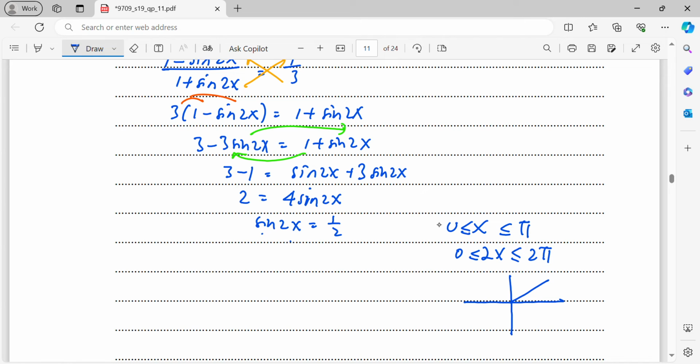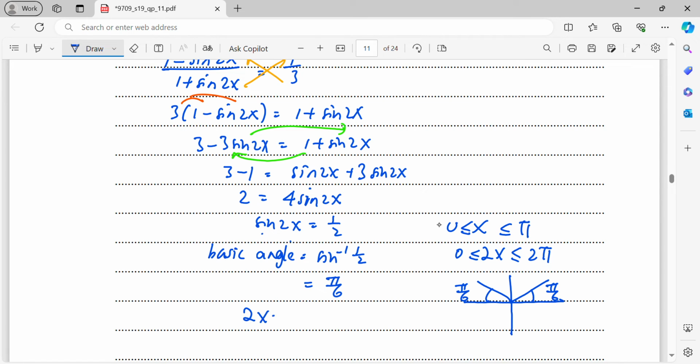Therefore, the angle must be in first and second quadrant. So here I will write basic angle is inverse sine half. Inverse sine half is basically pi over 6, which means here I will be getting pi over 6, and the other side is also pi over 6.